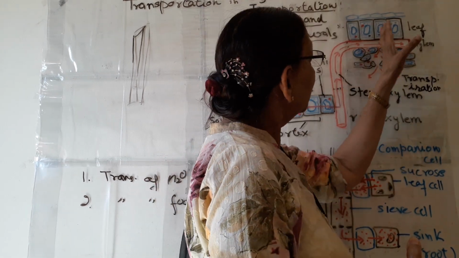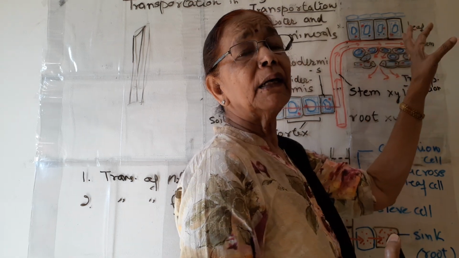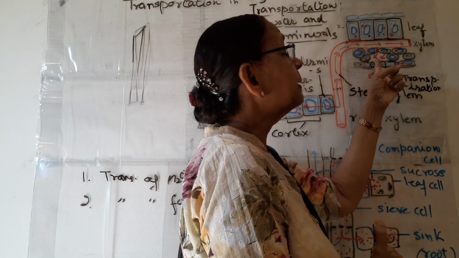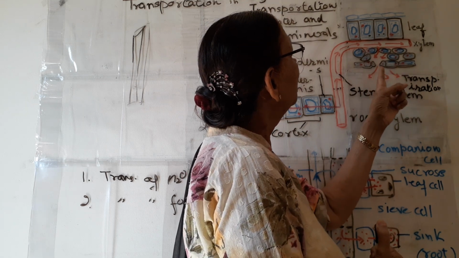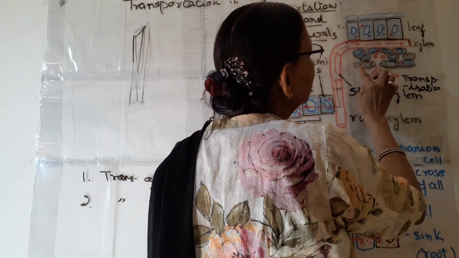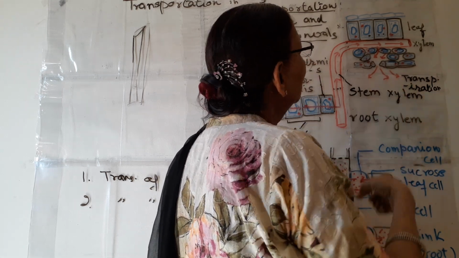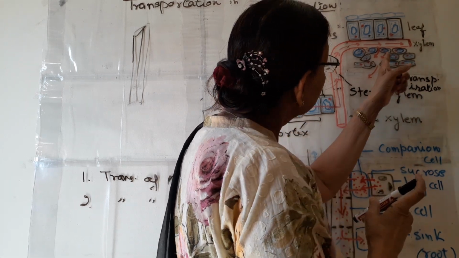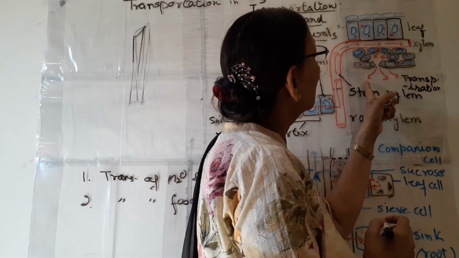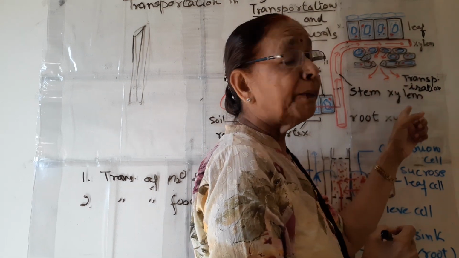Now, the excess water which is not used by the leaves comes into this air sac or air cavity which is above the stomata. This is the upper epidermis, this is the lower epidermis. In the lower epidermis, stomata are present. So the excess water accumulates here and comes out of the leaves in the form of water vapor.